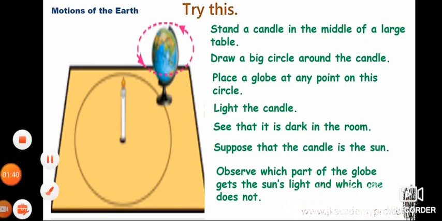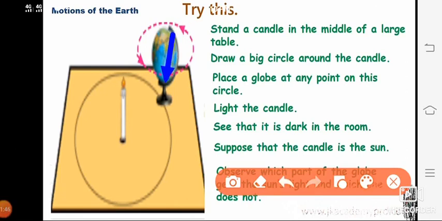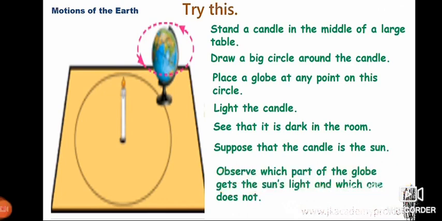Okay, so now I'll show you on the screen. So if we see, the part which is near the candle will get light, and the backside part will not get the light. Did you understand here?